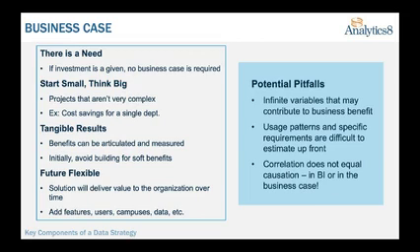That project should also be able to provide tangible results. So we look for benefits that can be articulated and measured. In the situation where we're automating what is currently a manual process, we should be able to calculate or determine how much we're saving there in cost or in hours of effort.